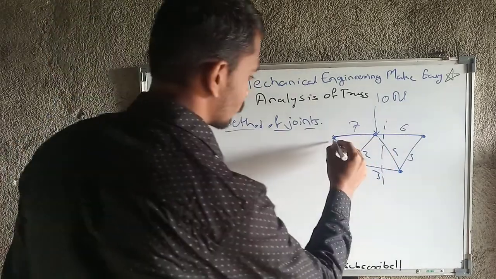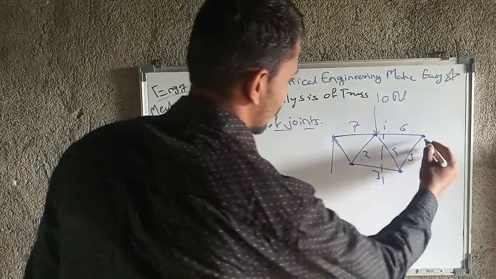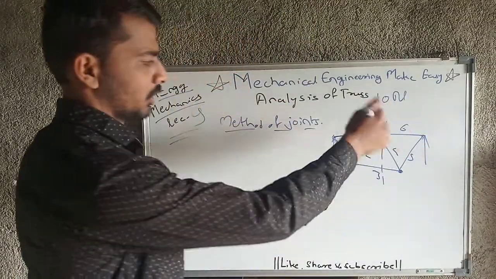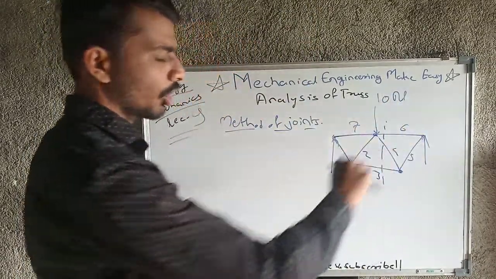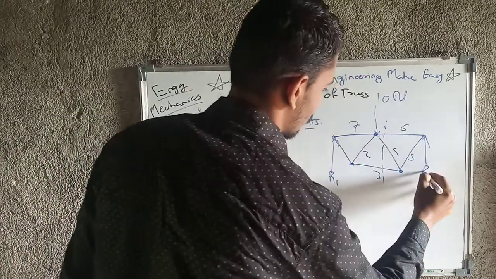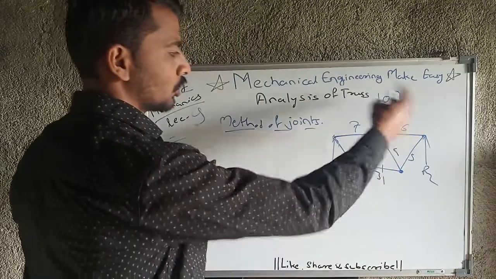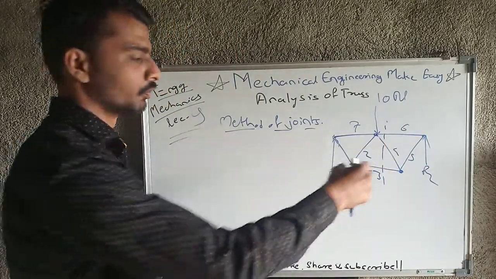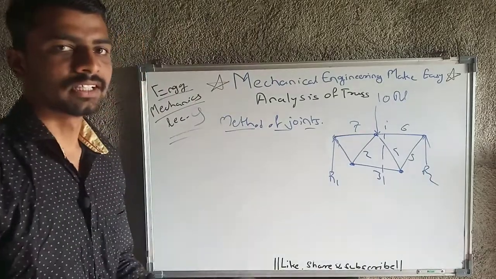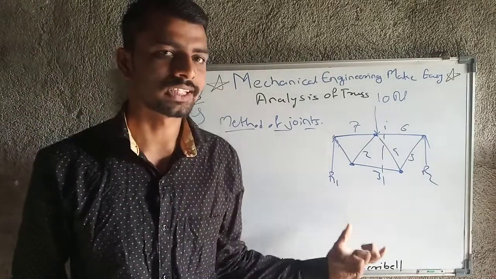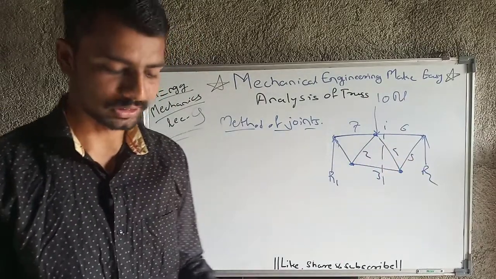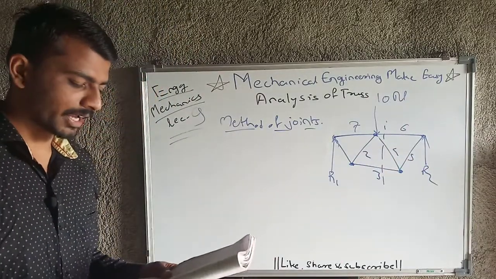So ultimately this truss will be supported at this point and at this point. So if we consider the FBD of this truss and calculate the reaction components, these will be R1 and R2 maybe. Okay, so considering the FBD of the whole truss, we will calculate the reaction components where the truss is supported. At those points we need to calculate the reaction components depending on how much force is acting, and at which place that force is acting. So we will calculate that reaction.